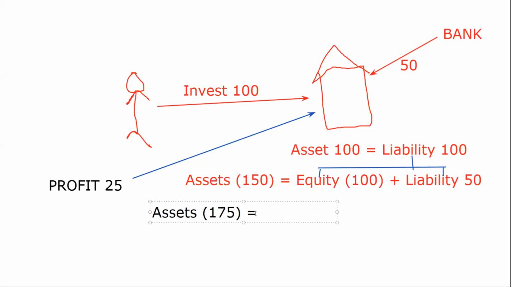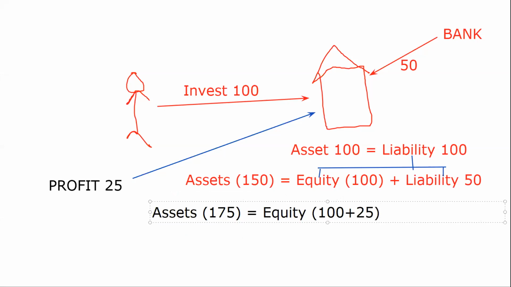Right? So the profit is 25. Then equity: who will get this profit? The profit will be given to the owner. So equity will be 100 plus 25, which means 125.